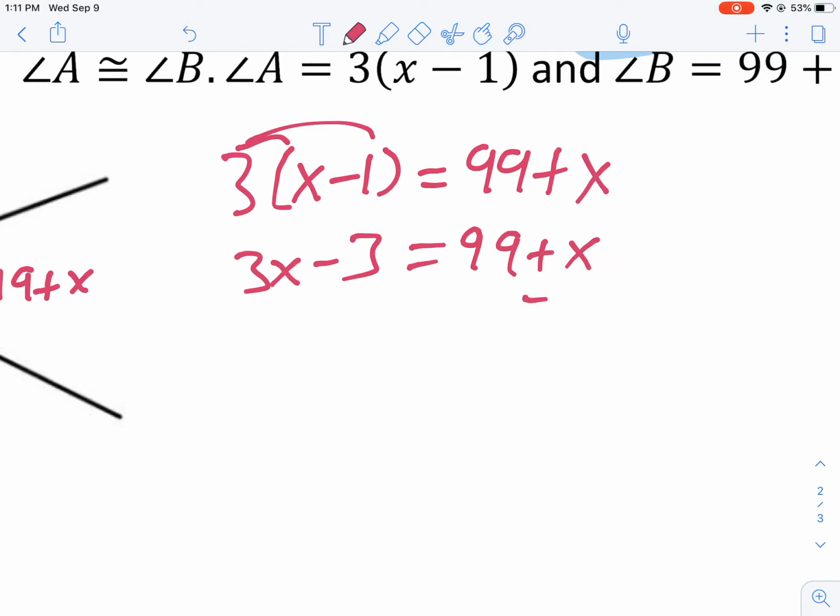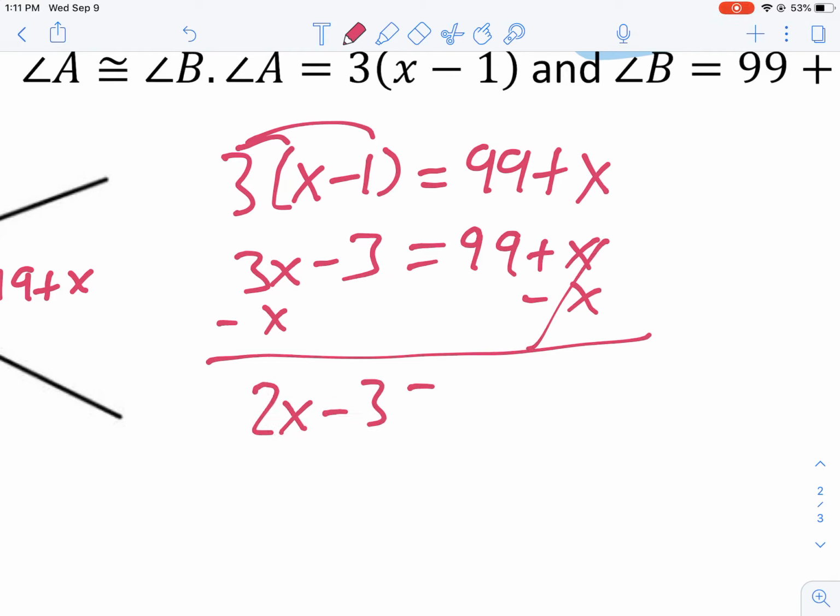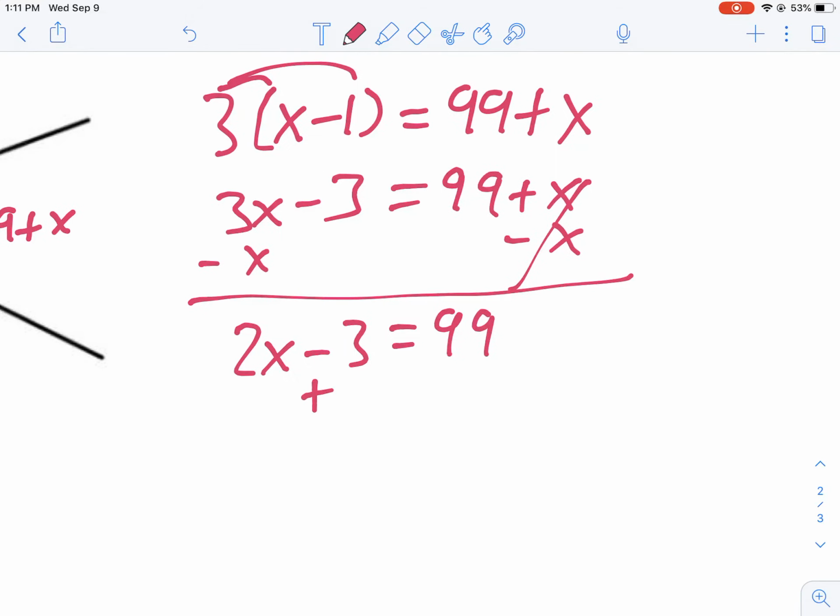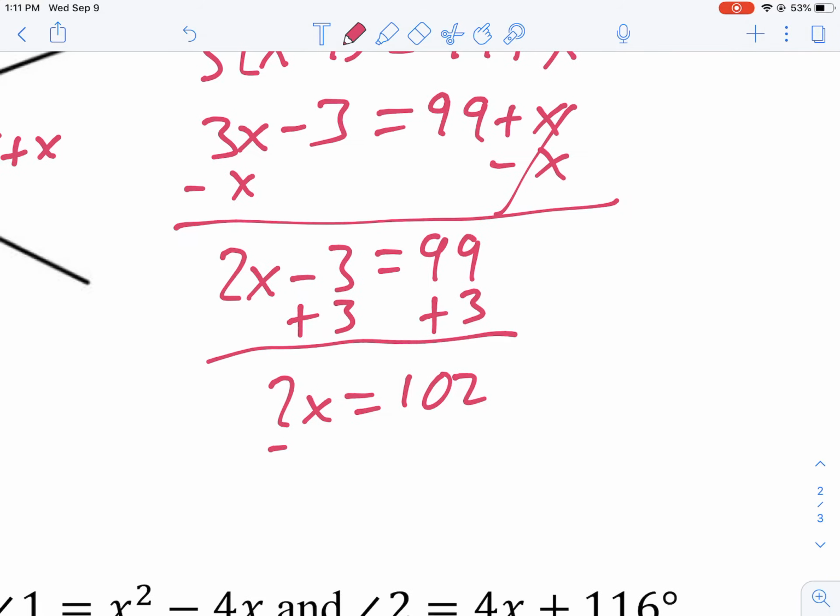Now we need to cancel out one of our x's, so I'm going to subtract that x from both sides. That gives us 2x minus 3 equals 99. Now we can start solving, so add 3. 2x equals 102. Divide by 2, x equals 51.